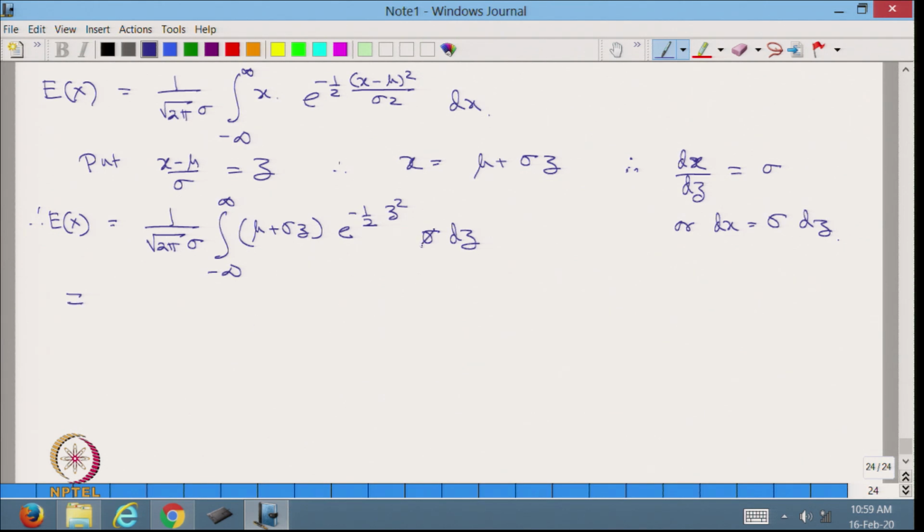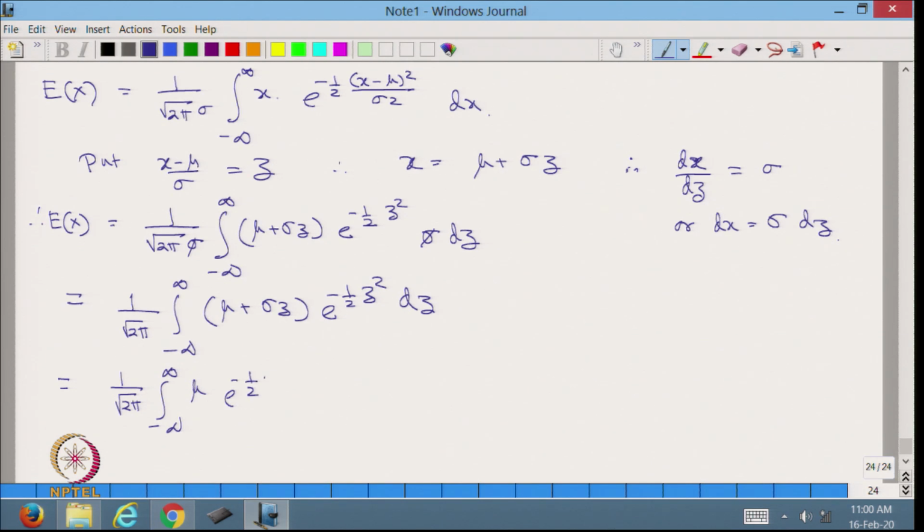Now sigma gets cancelled, 1 over root over 2 pi integration minus infinity to infinity mu plus sigma z e to the power minus half z square dz, which is equal to 1 over root over 2 pi minus infinity to infinity mu e to the power minus half z square dz plus 1 over root over 2 pi minus infinity to infinity sigma z into e to the power minus half z square dz.